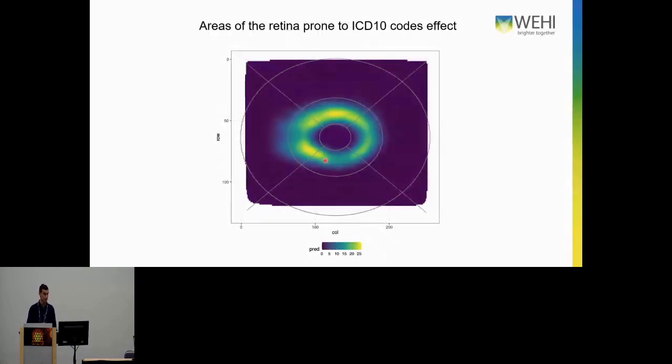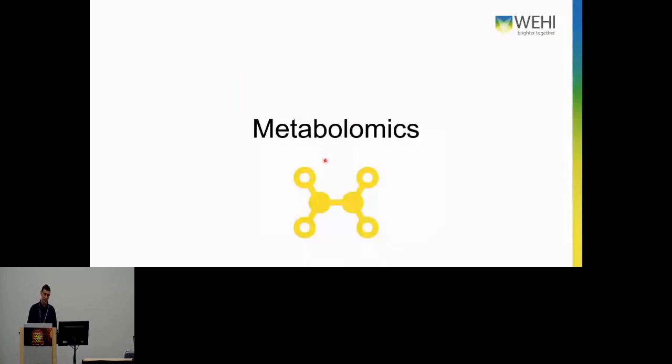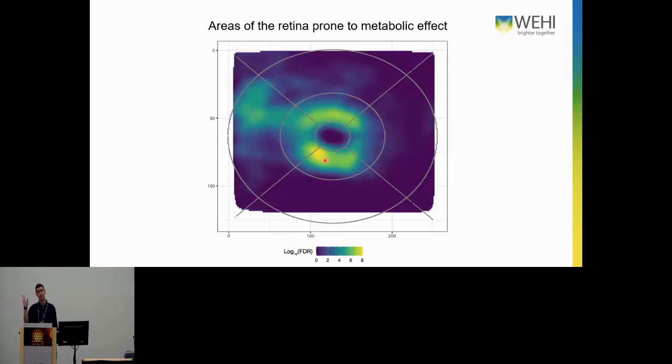We did metabolomics. Again, this is the same analysis, lots of different metabolites. I'm not going to go too much into details, but we found that basically all metabolites were associated. We performed overrepresentation analysis again, and again we found that the parafovea was more influenced, but more as well this temporal side, all of this area here.